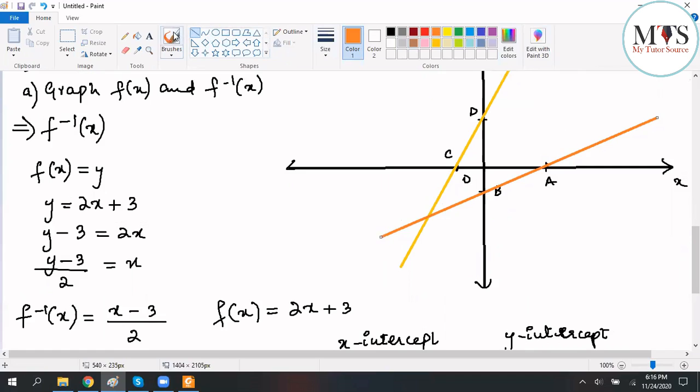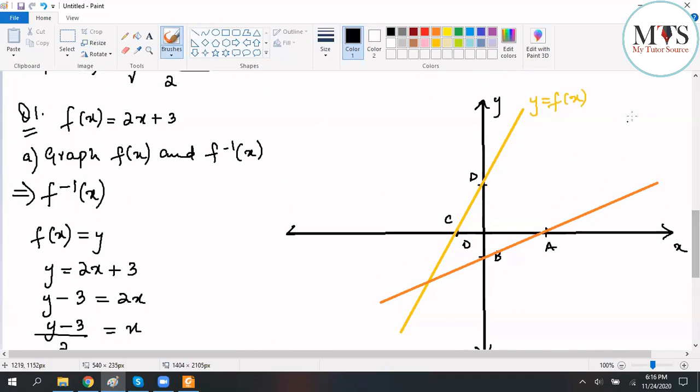Okay. So this is going to be our y equals x line, which is going to play the role of reflecting both graphs. And this is our y equals f inverse x.